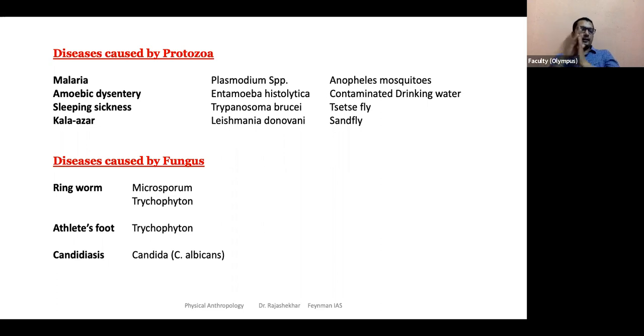Few cases are seen here and there. We are working hard, or at least hoping we're working hard, to eliminate Kala-Azar from India. So these are some protozoan examples. Most are transmitted through vectors, some through contaminated drinking water.